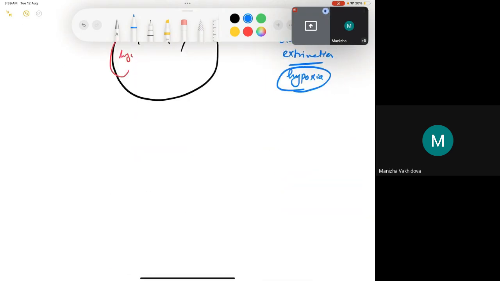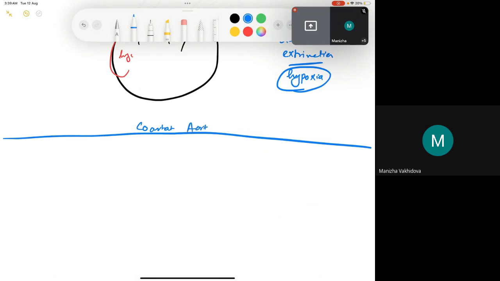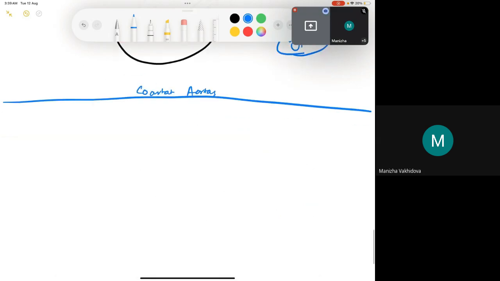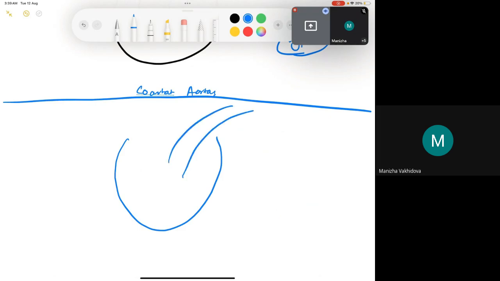Okay. So the next topic which we are going to discuss is coarctation of your aorta. What is coarctation of aorta? For example, if this is your heart and this is your aorta, in coarctation of aorta we have narrowing of your aorta at some point.